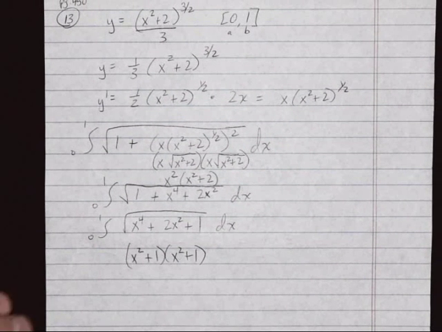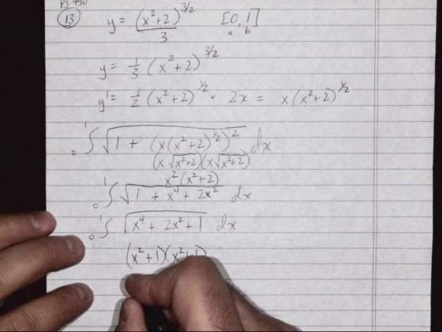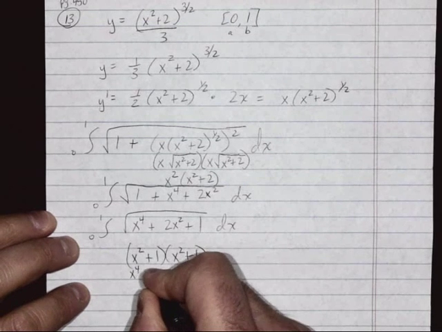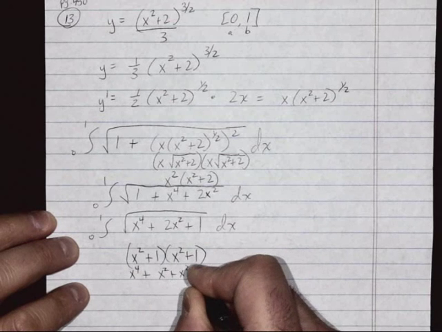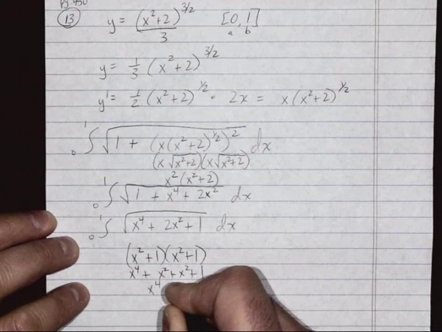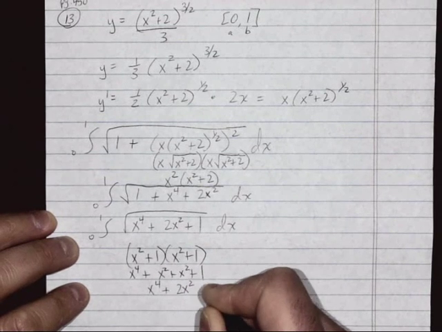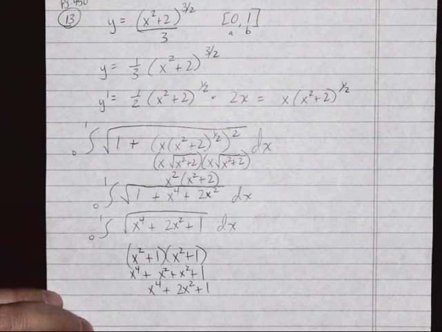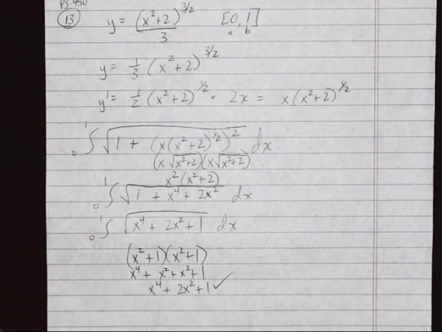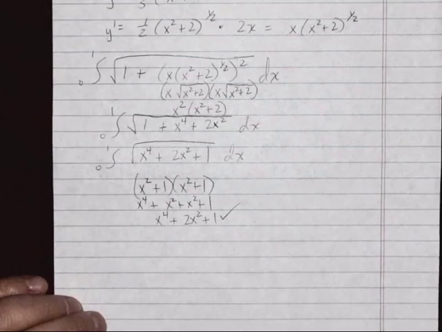So I check myself. If I do FOIL on that, I get x to the 4th plus x squared plus x squared plus 1. So I do indeed get x to the 4th plus 2x squared plus 1. So that's just a checking mechanism. So check, we're good. Okay, so I have factored that correctly.